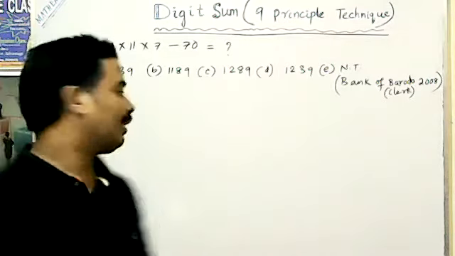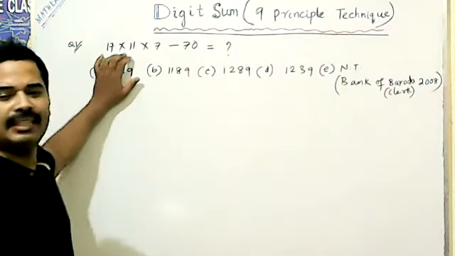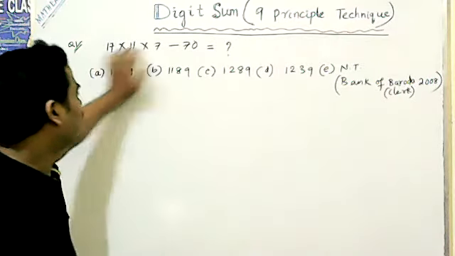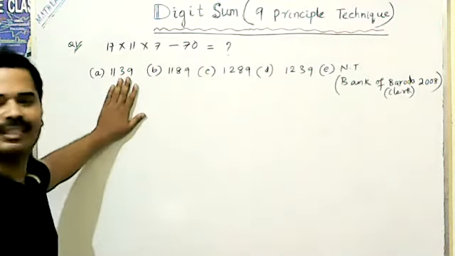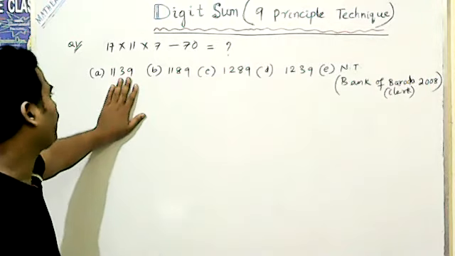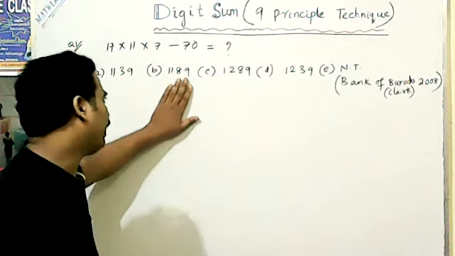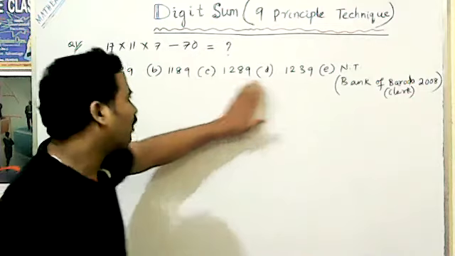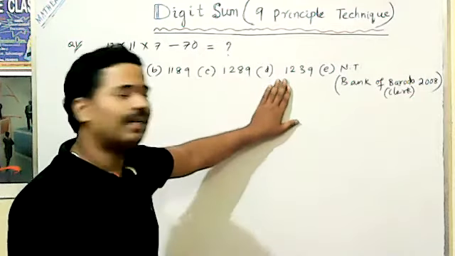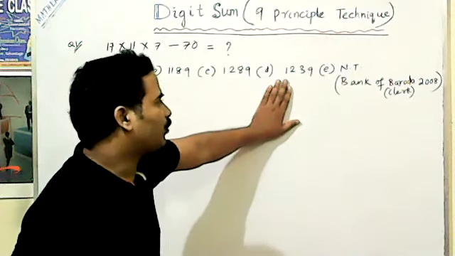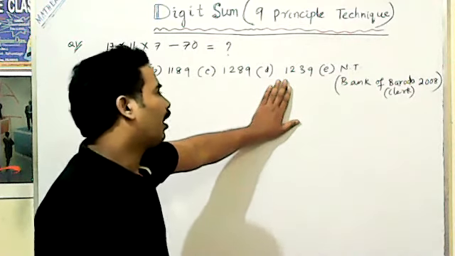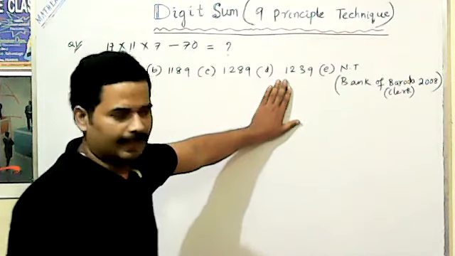Now take an example: 17 into 11 into 7 minus 70 is equal to what? The options are: first 1139, second 1189, third 1289, fourth 1239, and fifth none of these. This question came in the 2008 Bank of Baroda Clerk exam.